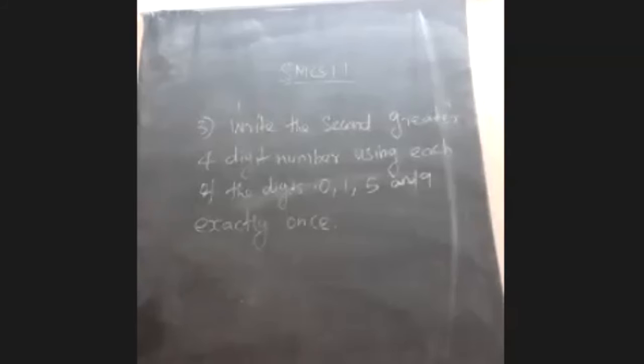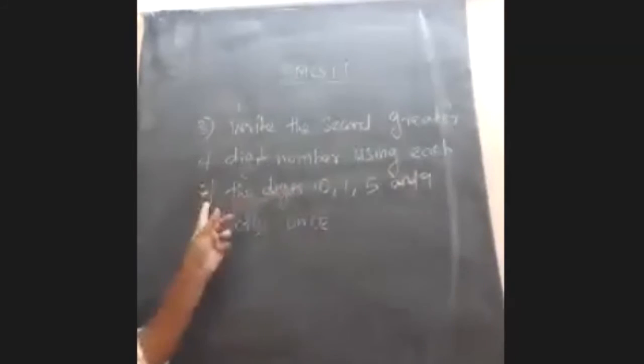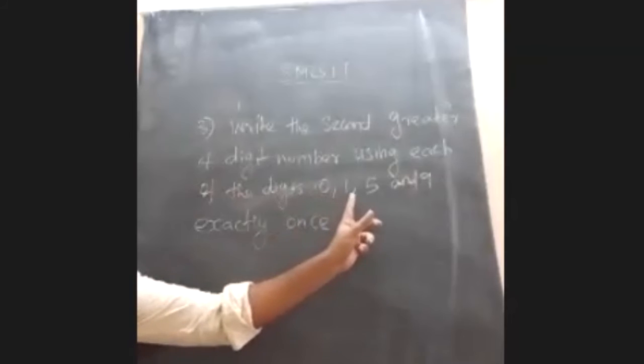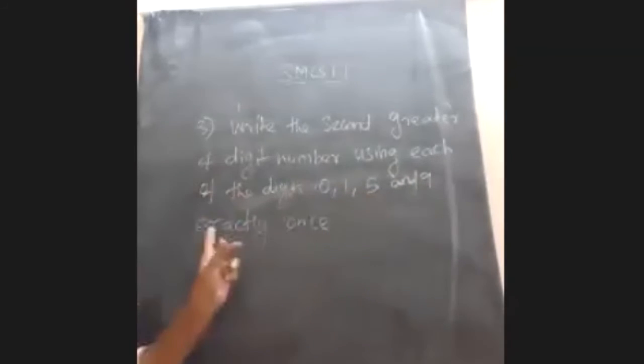So write the second greater four-digit number using each of the digits 0, 1, 5 and 9 exactly once.